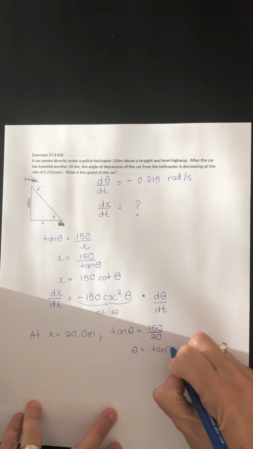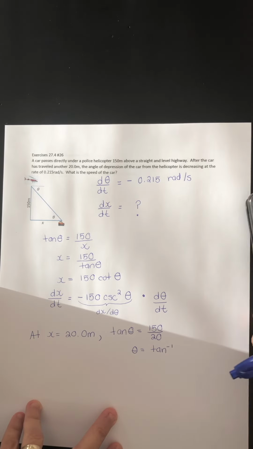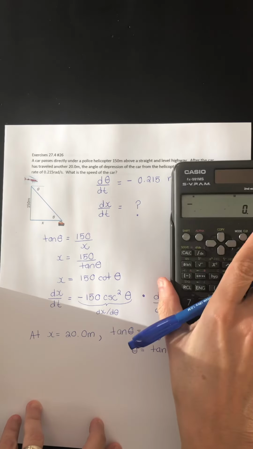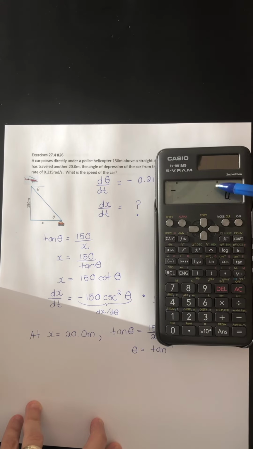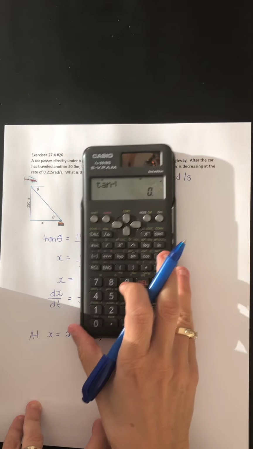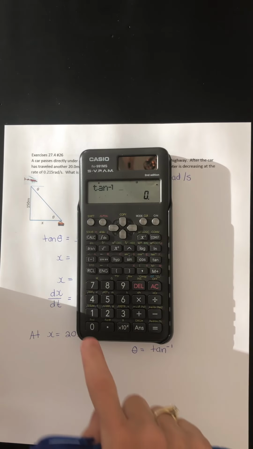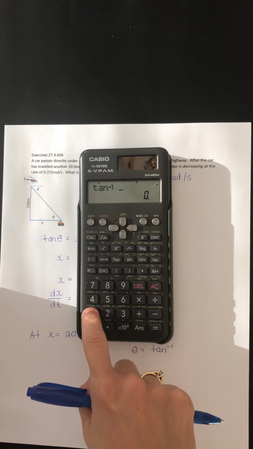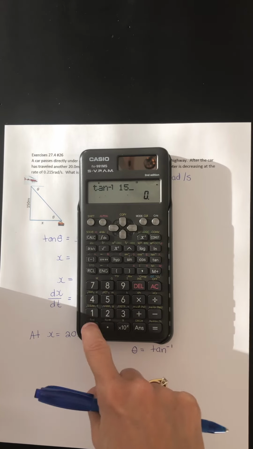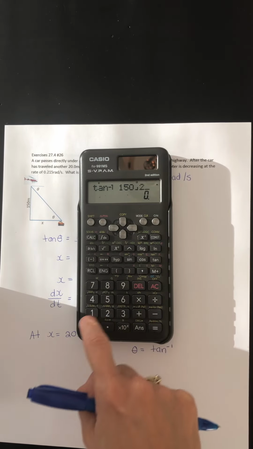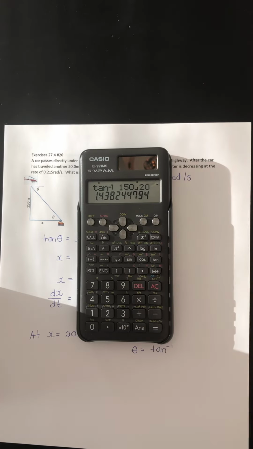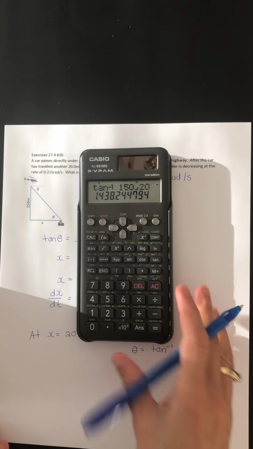Well, you'll take the tangent inverse of this 150 over 20. So again, the calculator has to be in radians, and you go shift tangent, and then 150 over 20. Okay, so that's the correct angle there.